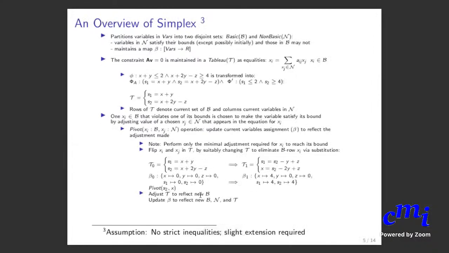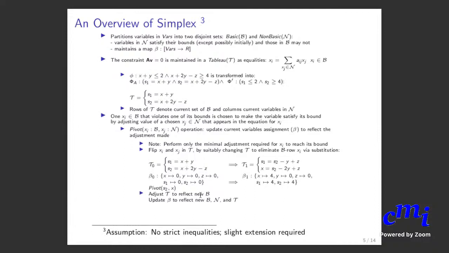Okay, and that's what it does. The basic operation that simplex uses is this pivot and update operation. It picks a basic variable which, based on the current assignment, violates its bounds, and then picks a non-basic variable to change its value, adjusting it just enough to move it either to its lower bound or to the upper bound.